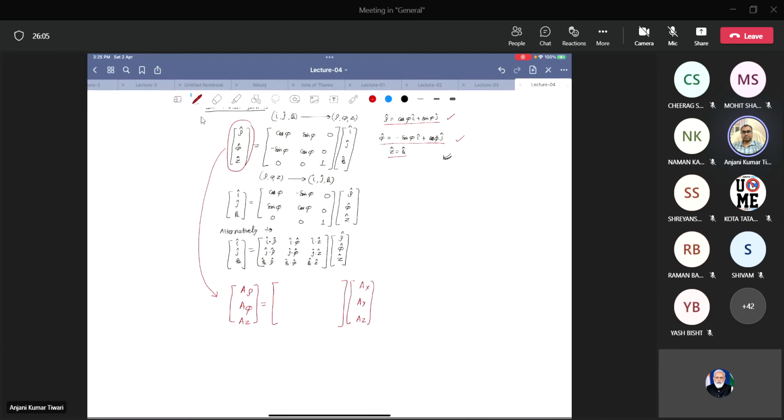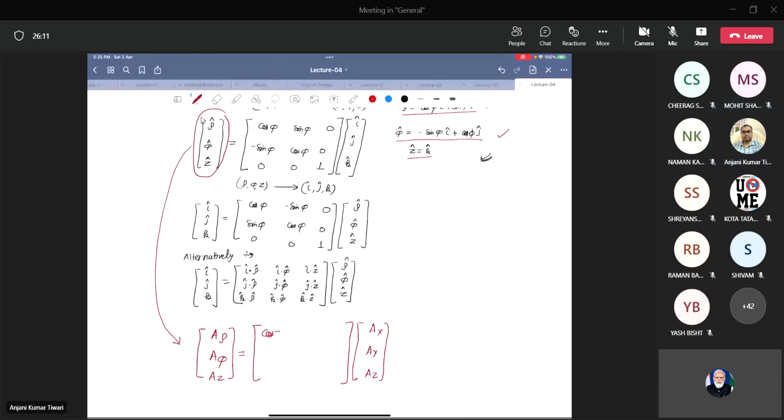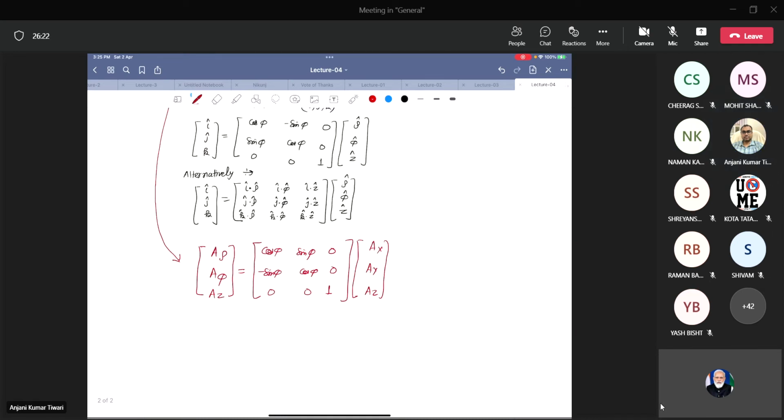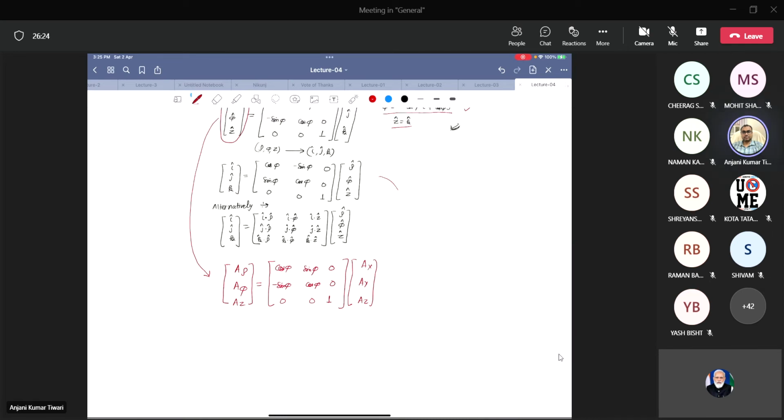So let us just write it down. The same thing: cos phi, sin phi, 0; minus sin phi, cos phi, 0; 0, 0, 1. And let us write it once again.